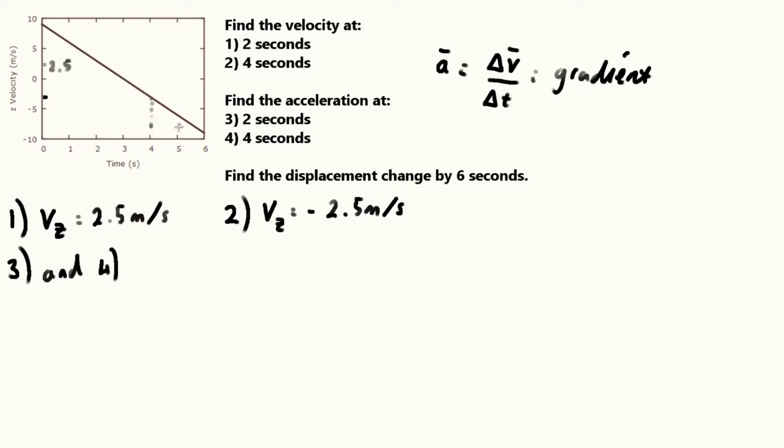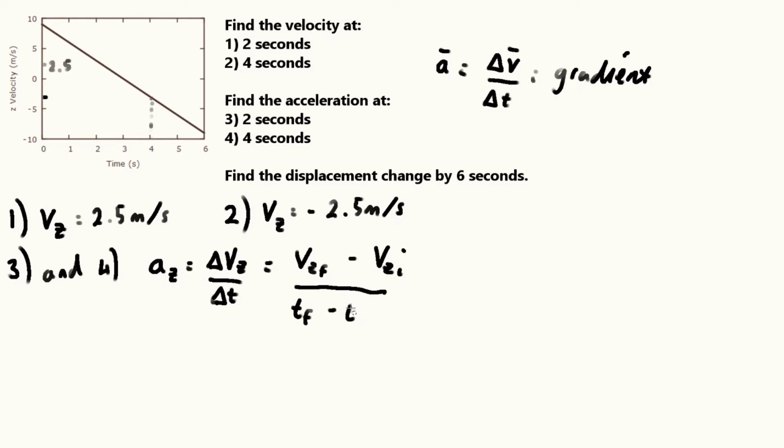As the whole graph has the same gradient, we can take the final time to be 6 seconds and the initial time to be 0 seconds, and we can use the entire triangle. Therefore, we shall write that a in the z direction is equal to the change in the z velocity over the change in time, which is equal to the final z velocity minus the initial z velocity over the final time minus the initial time.